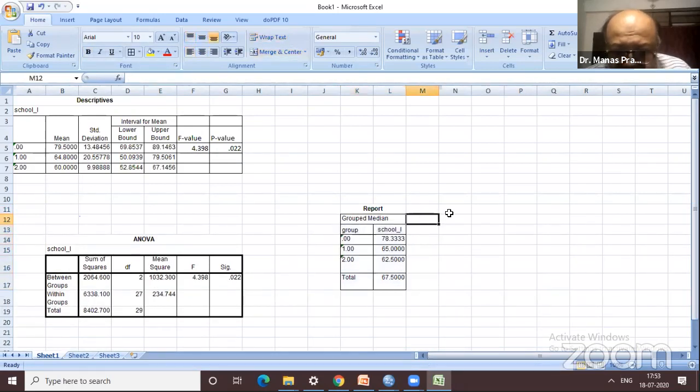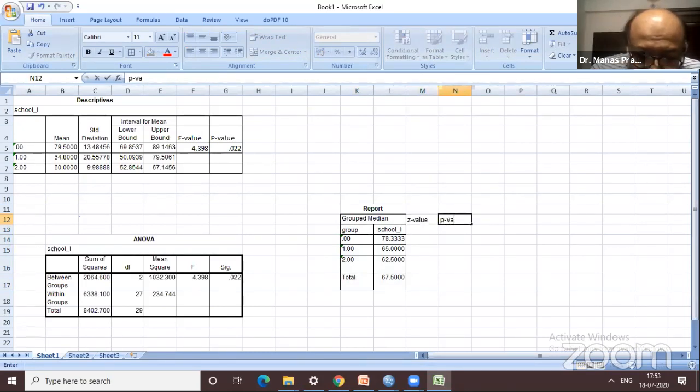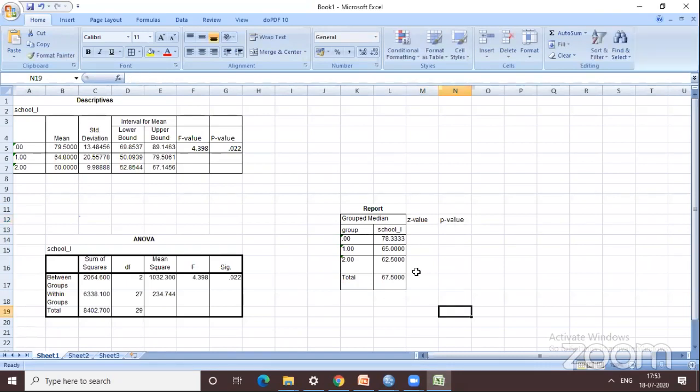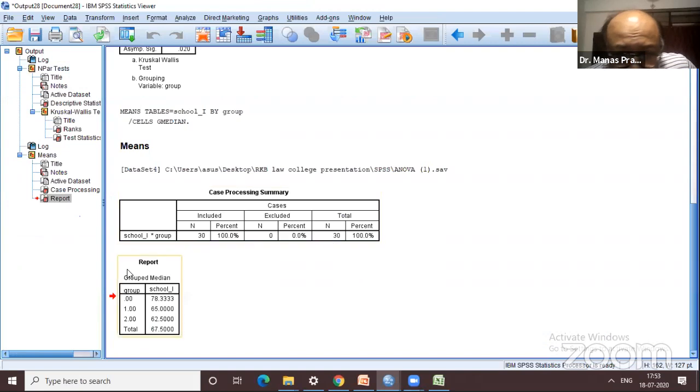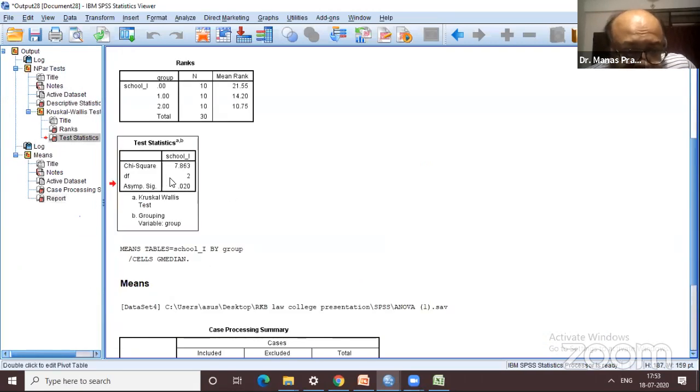And here we can give the Z value. This is the way of presenting the data. So these are the medians, because we are comparing the medians. That's why I am giving the medians. Then what will be the p value? P value is this.